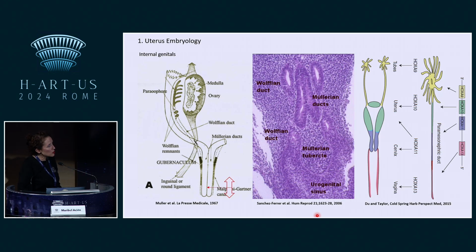fusion and reabsorption of the middle line septum typically begin at the isthmus, because the isthmus is the most proximate part of the Müllerian ducts when they unify. And then it proceeds from that point simultaneously but independently in the cranial and caudal direction.